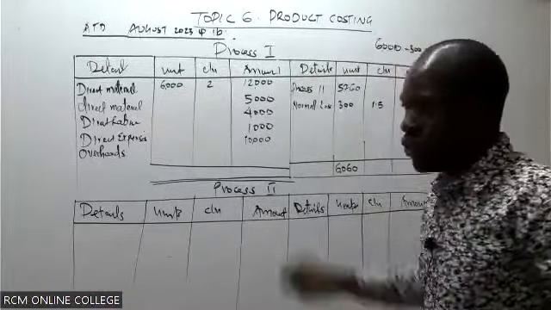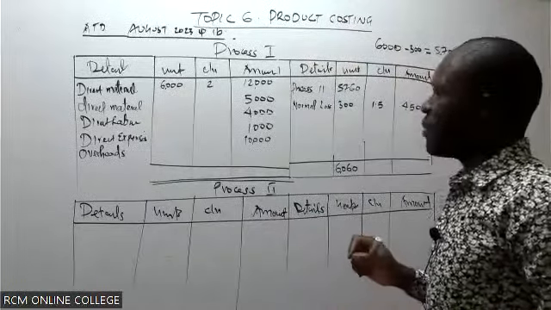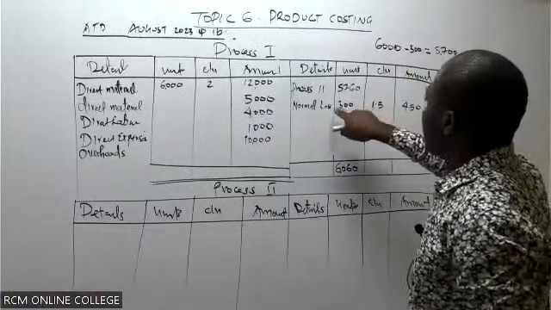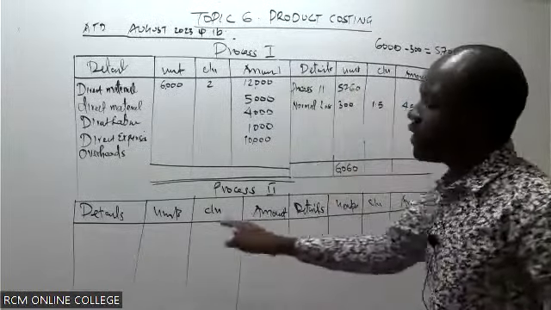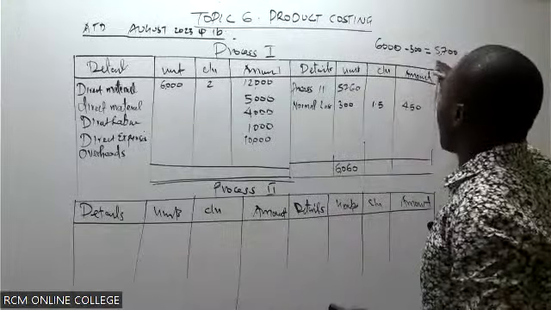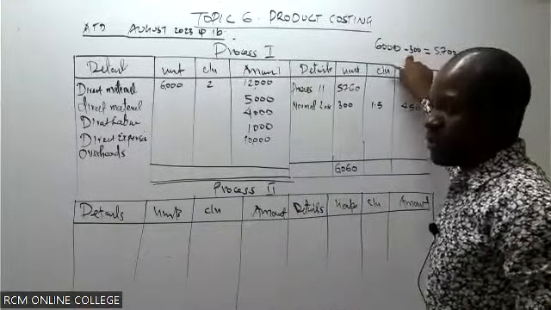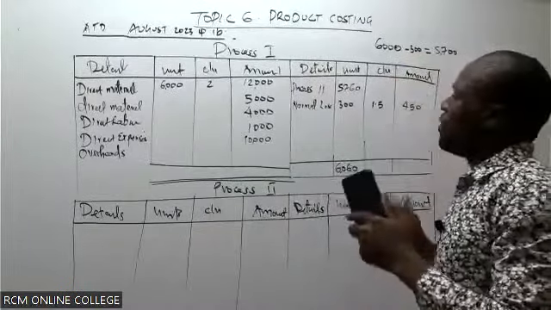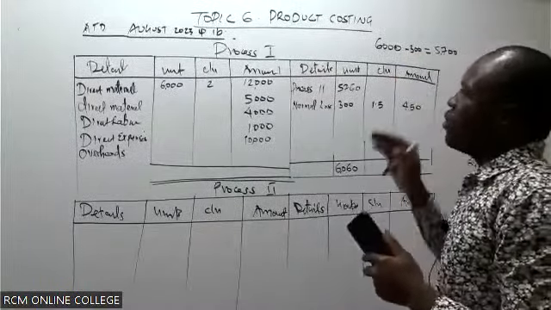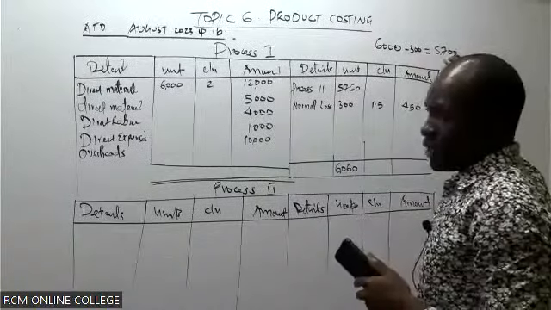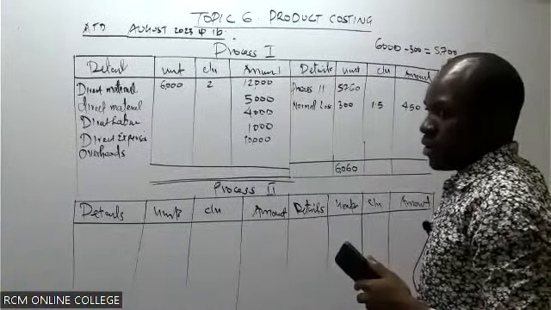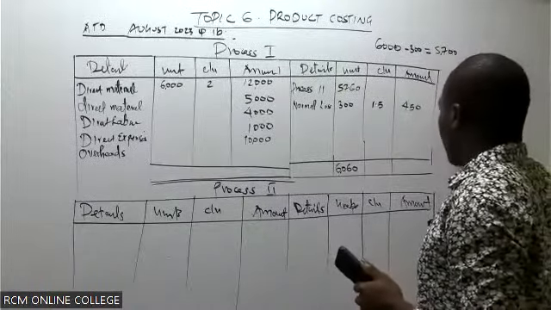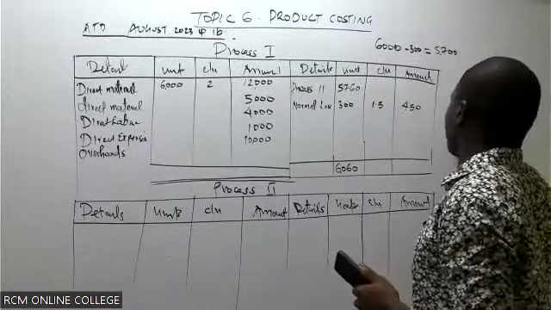How many units did you lose? Ulipoteza ngapi? 6,000 minus 5760, which was transferred to process 2. Itakwambia you lost less than this. So you are very keen to an extent that you did not lose the normal units. You're supposed to lose 300, lakini ulipoteza 240.